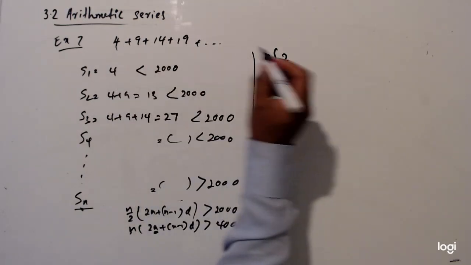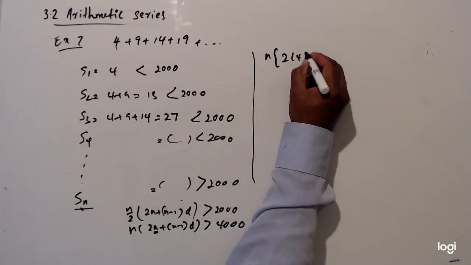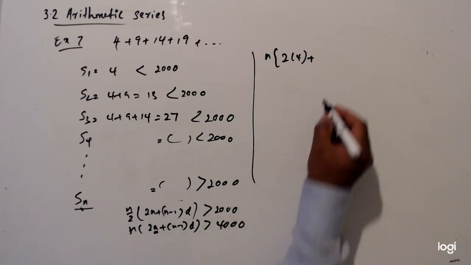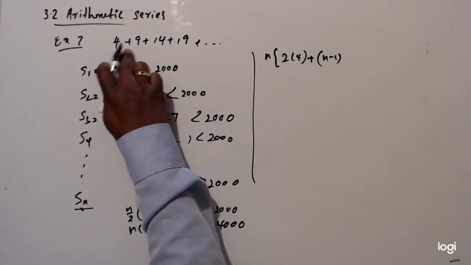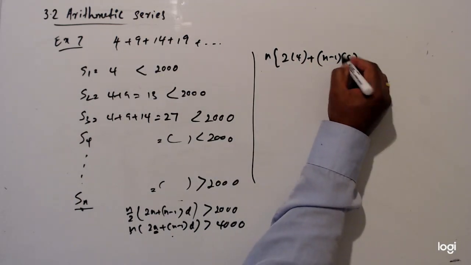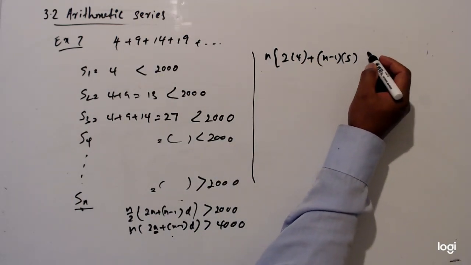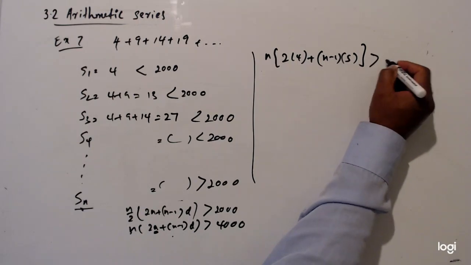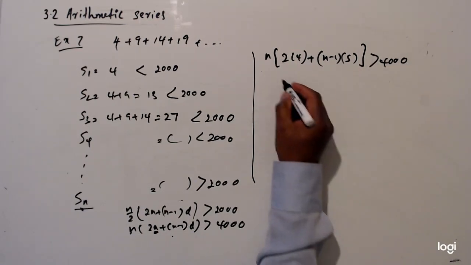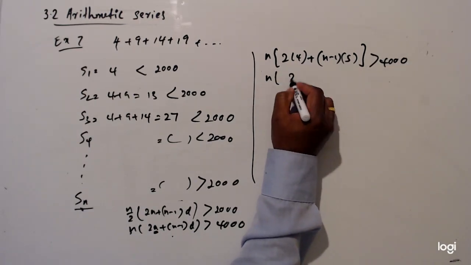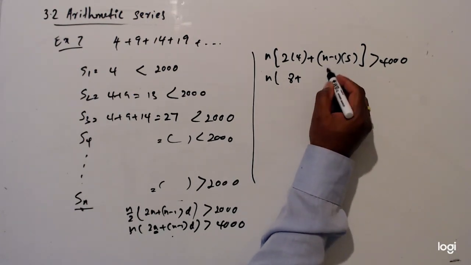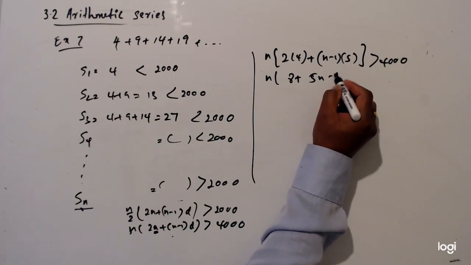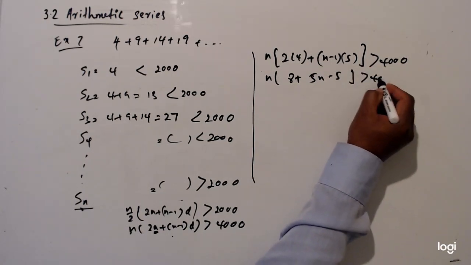Yes, a is 4, and d is 9 minus 4, which is 5. So n times (8 plus 5n minus 5) is greater than 4000.